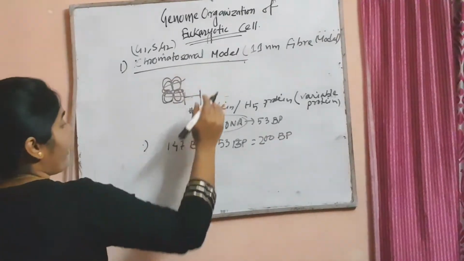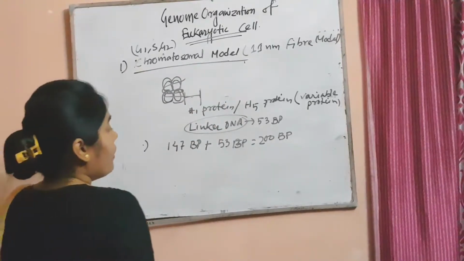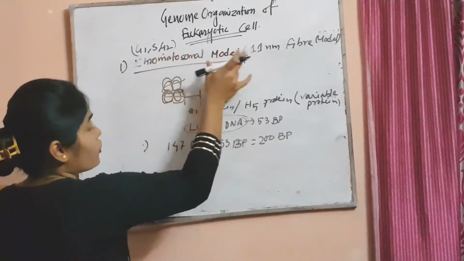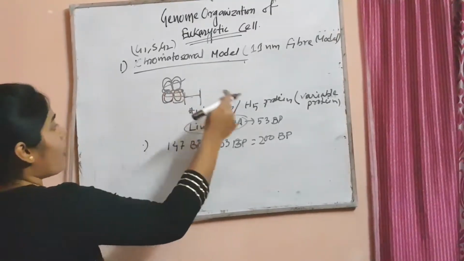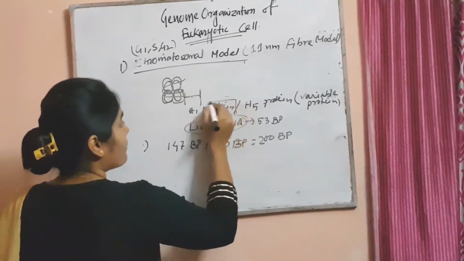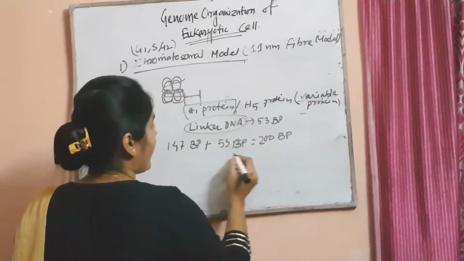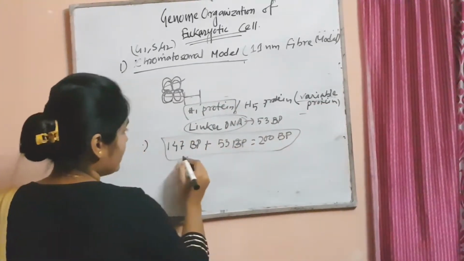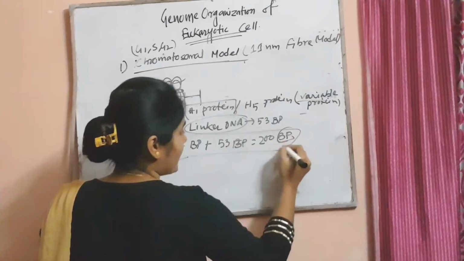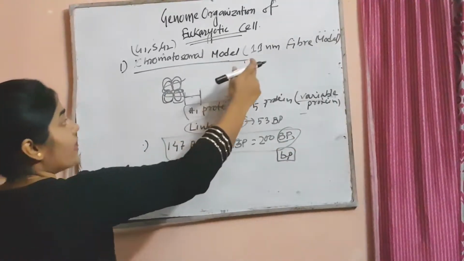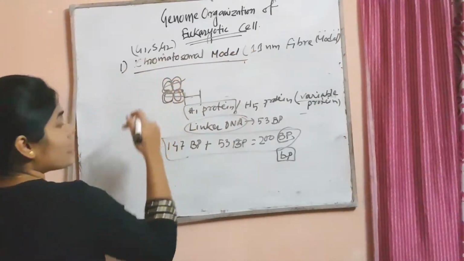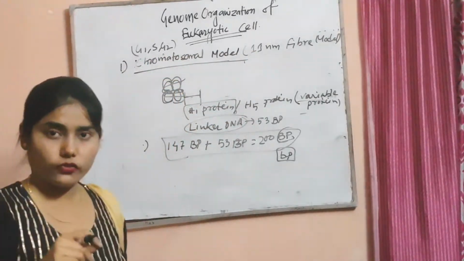So this is chromatosomal DNA. This is the chromatosomal model of the DNA. Okay, done. And these are all the characteristics, where the H1 protein, which is a variable protein, is present and 200 BP of DNA is present. We always use that portion of DNA. So it is also an 11 nanometer fiber model. It is also seen in G1, S and G2 phase.